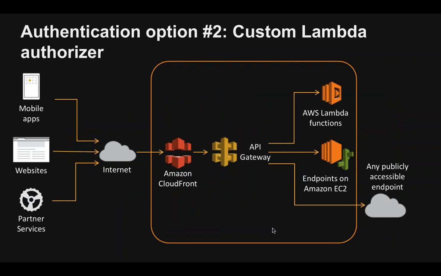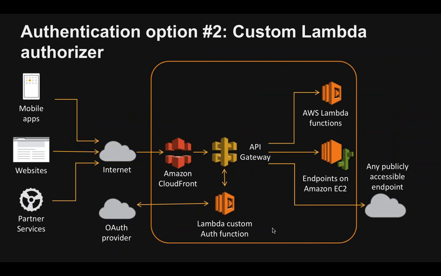The second option that we're going to look at to authenticate using Cognito is using a custom Lambda authorizer. In this scenario, you create a Lambda function, and again, you can create this in the Java, JavaScript, or Python that Lambda supports, and its job is to authenticate that incoming request.